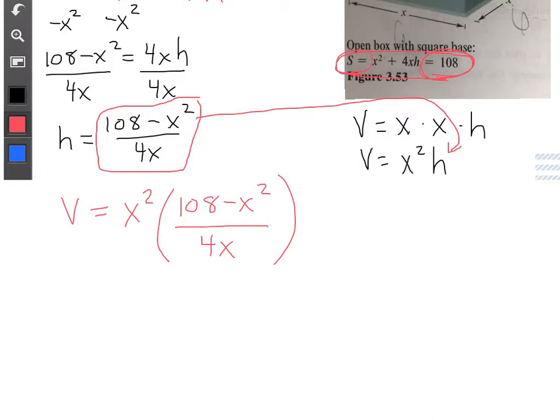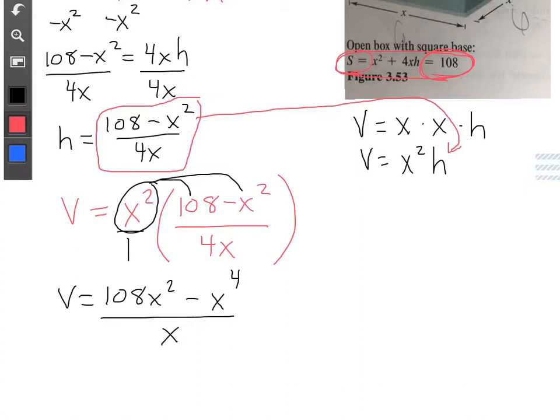Okay? And so x squared is understood to be over 1. So I've got to take this x squared and distribute it on top. And so I've got volume equals 108x squared minus x to the what? 4, all over what? 4x.